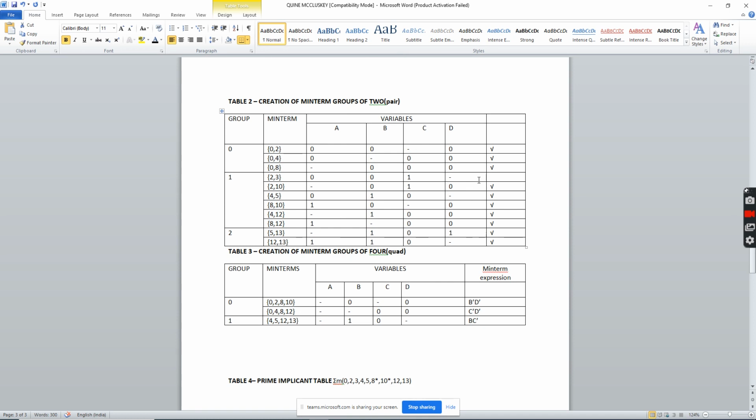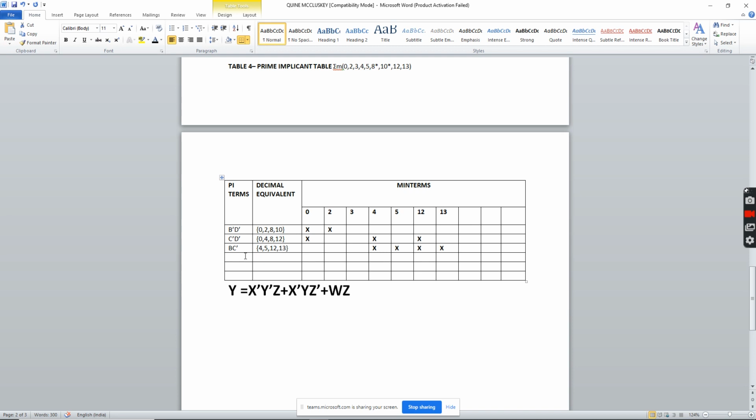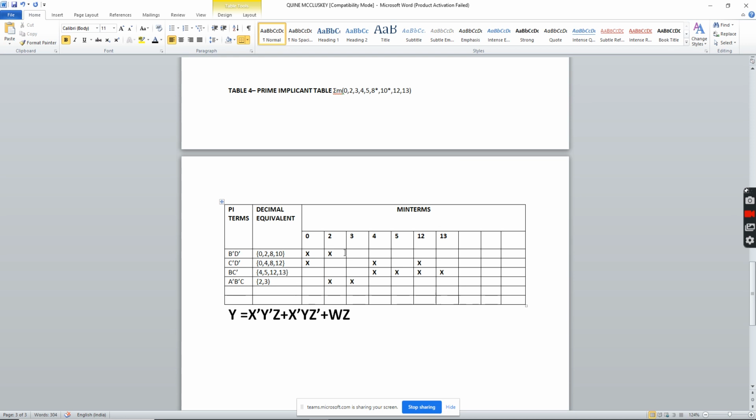So I will try finding the unticked row. This one is the unticked row, that is 2, 3. What is the equation? A bar, B bar, C. So what will be the value? 0, 0, 2, 3. So I'll put a cross wherever 2 and 3 is there.